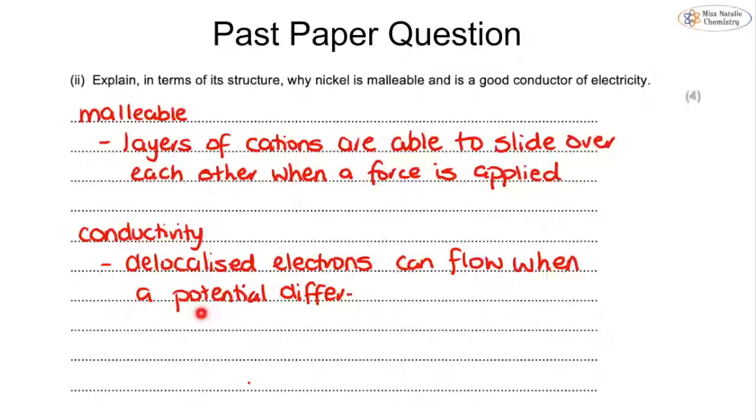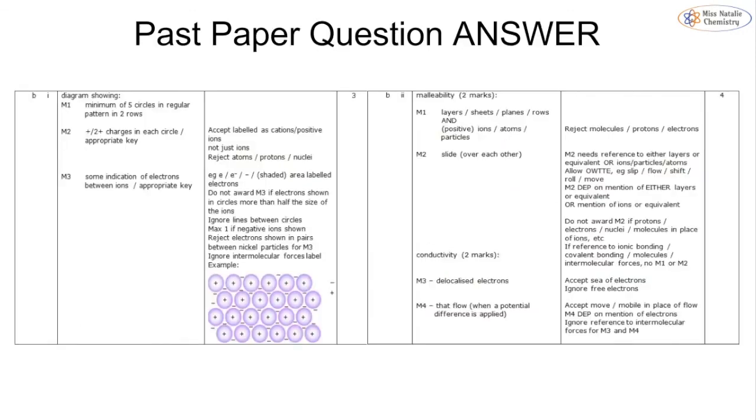So that's when we've got our positive and negative terminals. We don't need to draw any diagrams here, we can just simply discuss the actual terms. Again, for conductivity, we're looking for delocalized electrons and talking about how they can move or they can flow. Please don't use the word free. They will not accept free electrons. You should always be using the term delocalized. And there you've got the mark scheme for these questions.